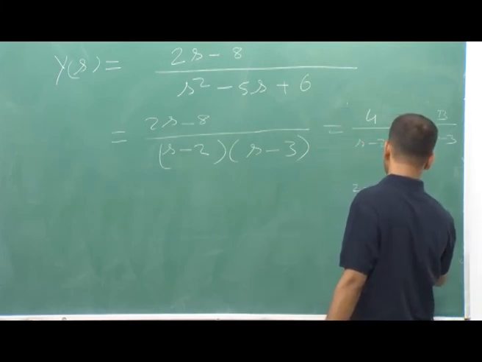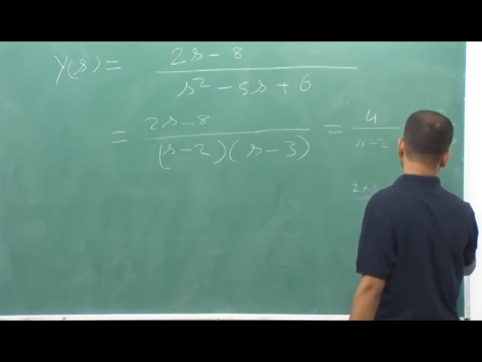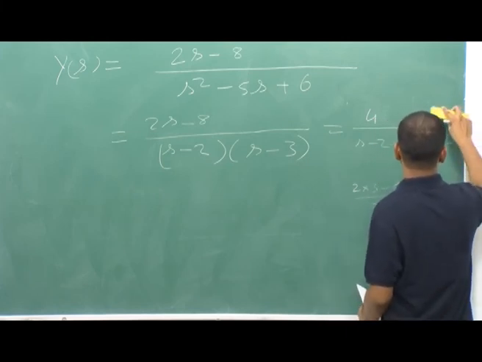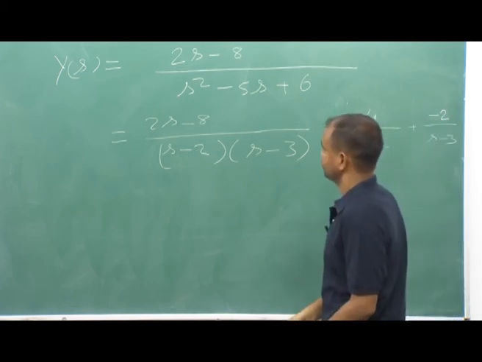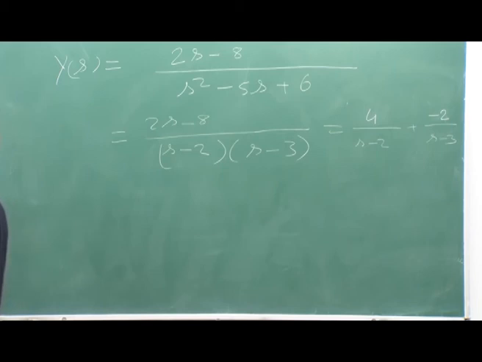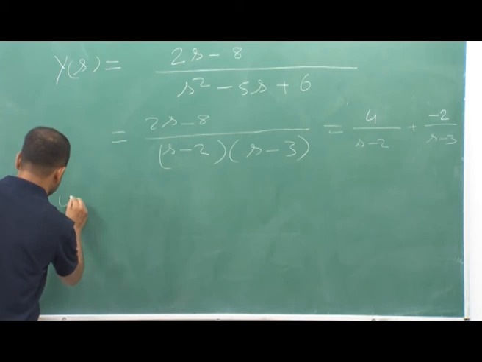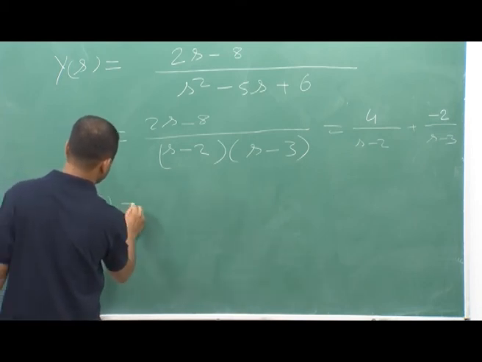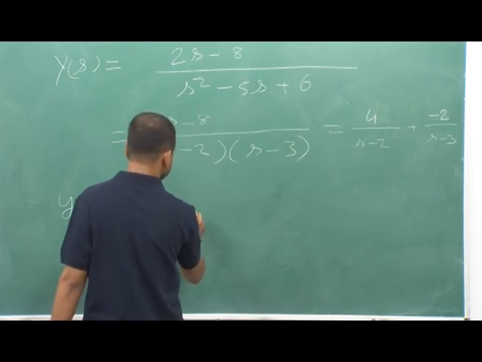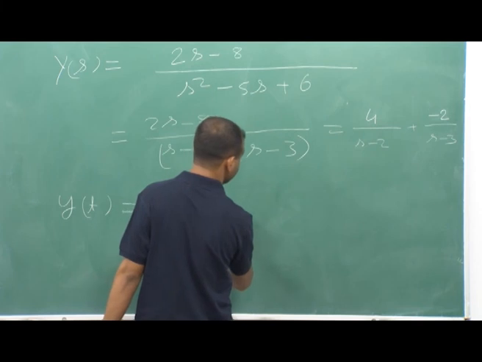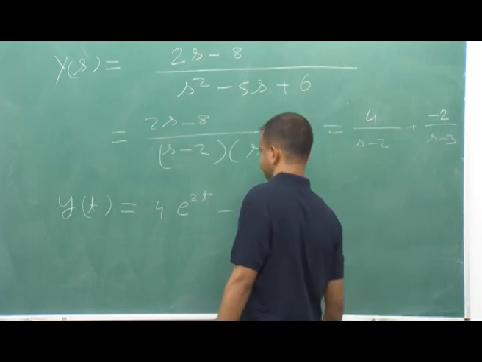So, this will give me minus 2 divided by 1, so this will be minus 2. So, this is my expression for y of s, and the next part is what is y of t. So, if I take the inverse Laplace transform, I will get y of t is equal to 4 e to the power 2t minus 2 e to the power 3t.